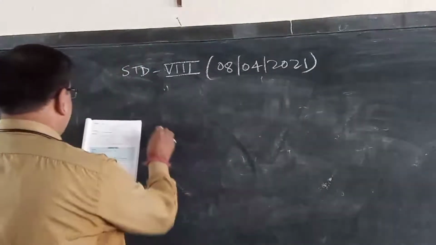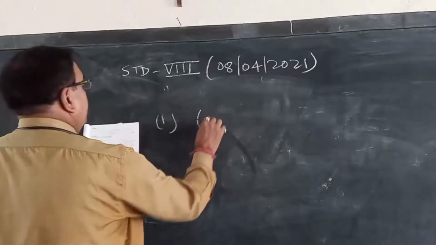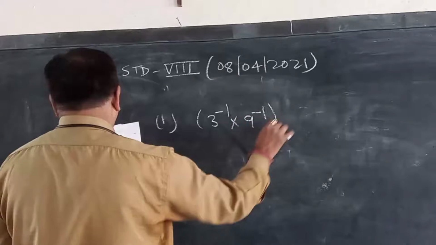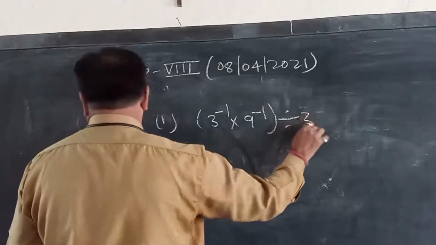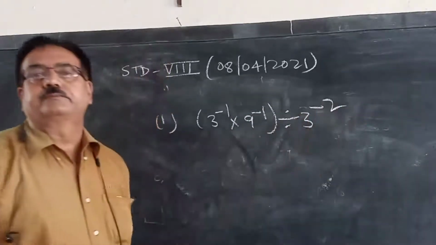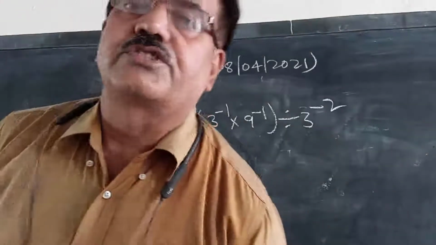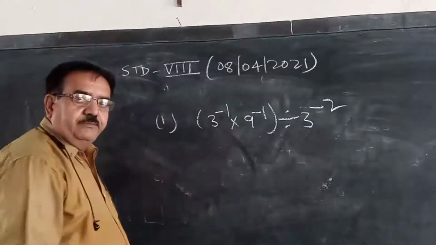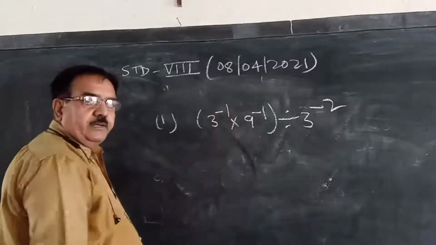First question: 3 to the power minus 1 into 9 to the power minus 1 divided by 3 to the power minus 2. This is the question we have to solve. See, the power is negative. Here also the power is negative.